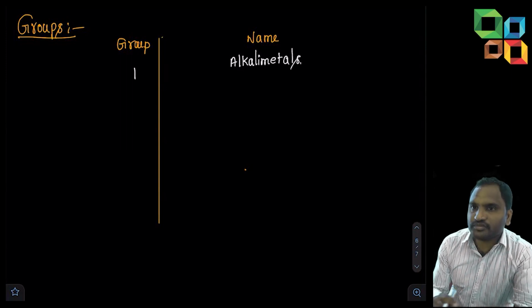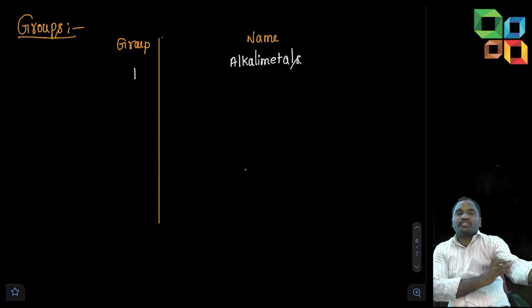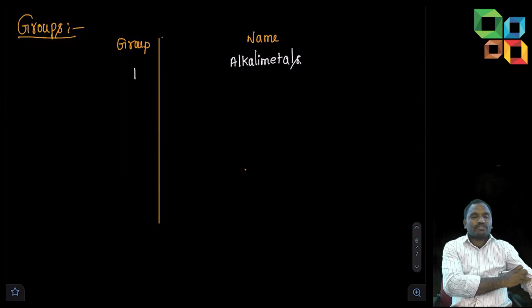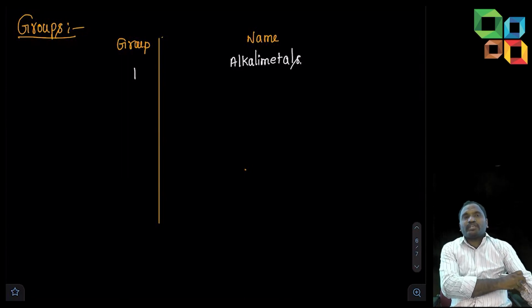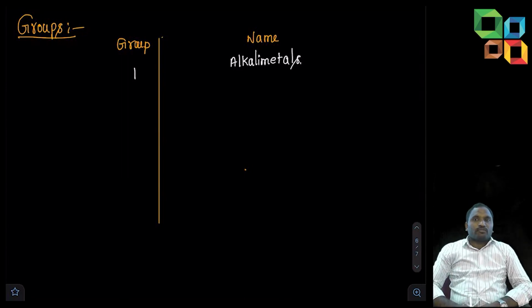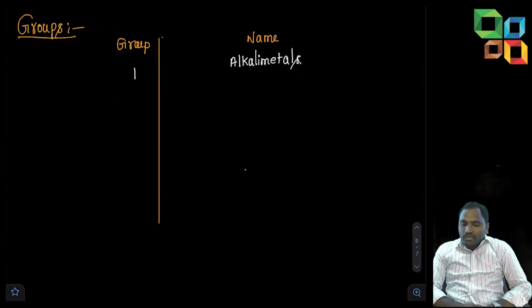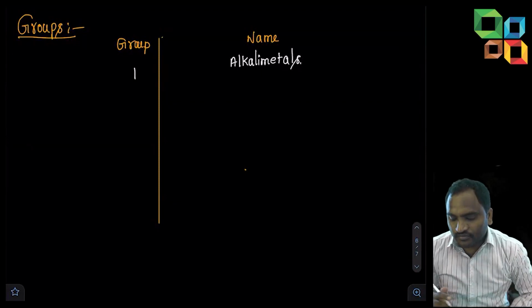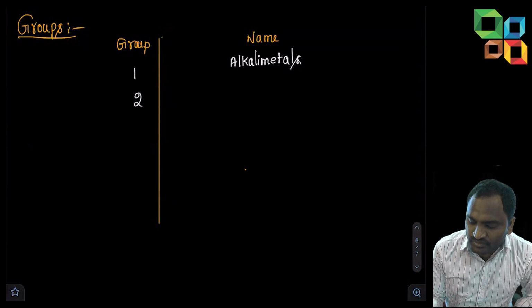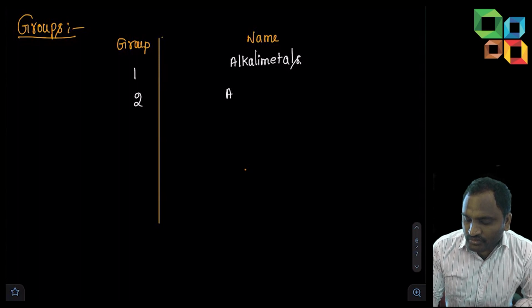Alkali means, students, a base which is soluble. The bases formed by alkali metals are soluble in water. So these are called alkali metals. Next, second group elements, alkaline earth metals.